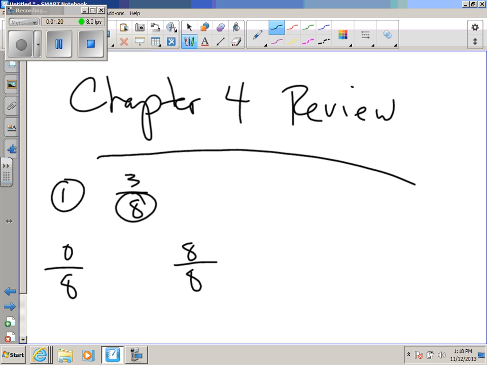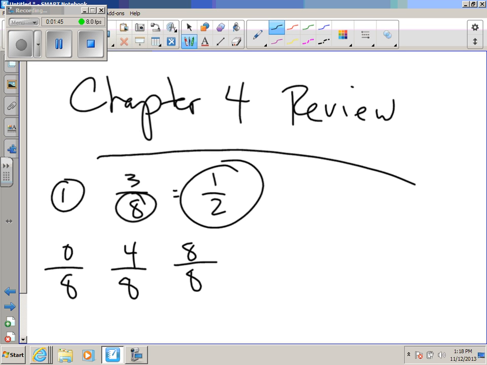If it's closer to 1 whole, it'll be closer to 8. Now half, it's easier when the denominator is even because you know that half is represented by 4/8 for a fraction with a denominator of 8. So is the 3/8 closest to 0/8, 4/8, or 8/8? Has to be 4/8. Therefore, we would estimate or round that to be half.